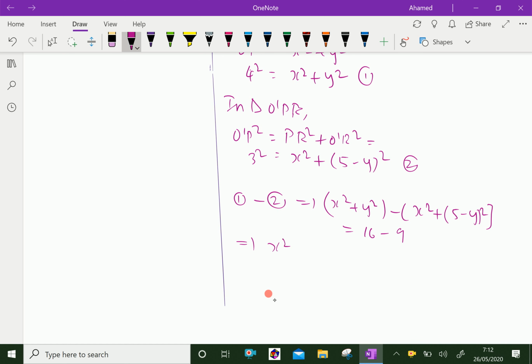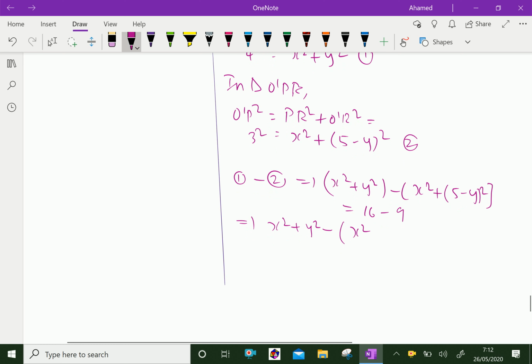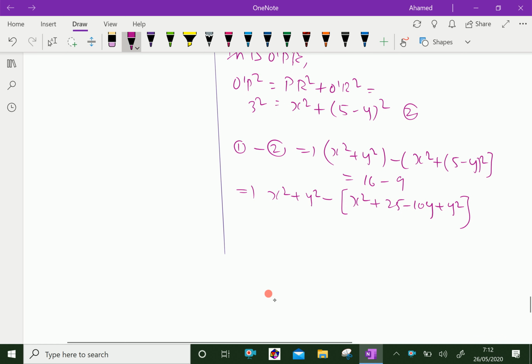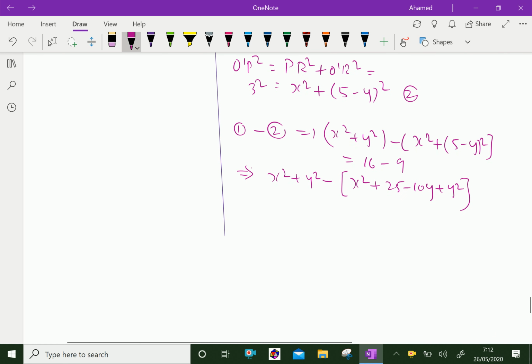Further expansion: x square plus y square minus x square, minus 5 square which is 25, minus 10y plus y square, equals 7.